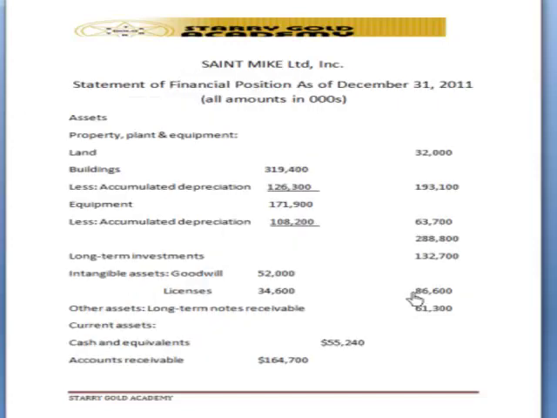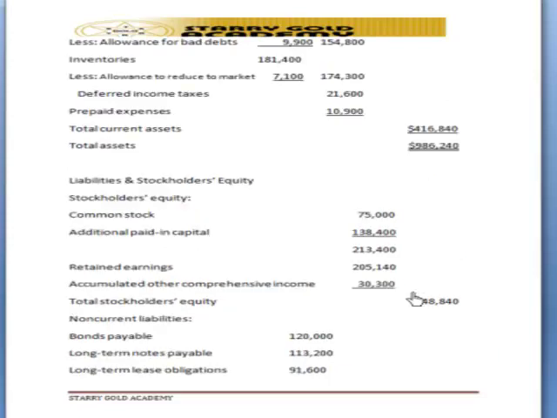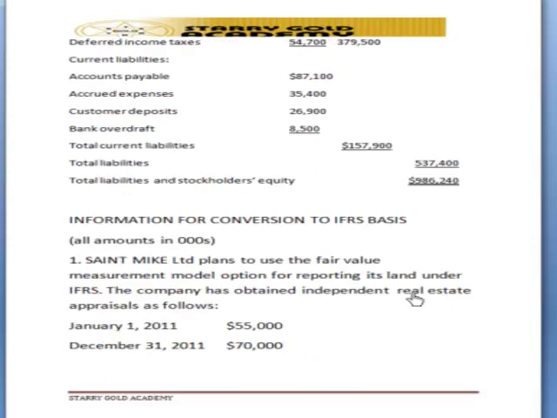Then you can see the statement of financial position as of December 31st, 2011. You will also be given this, and you can see the balancing total values agreed. So, information for conversion to IFRS basis.